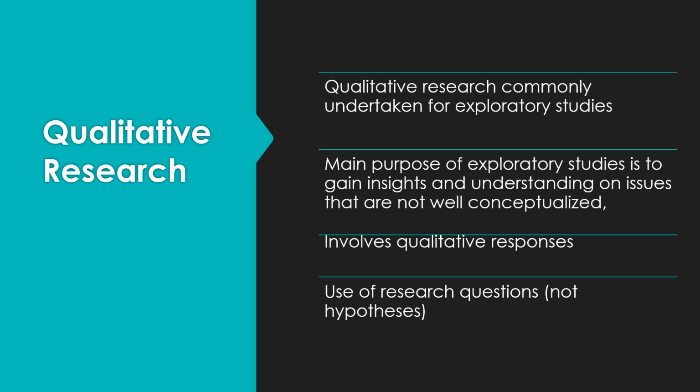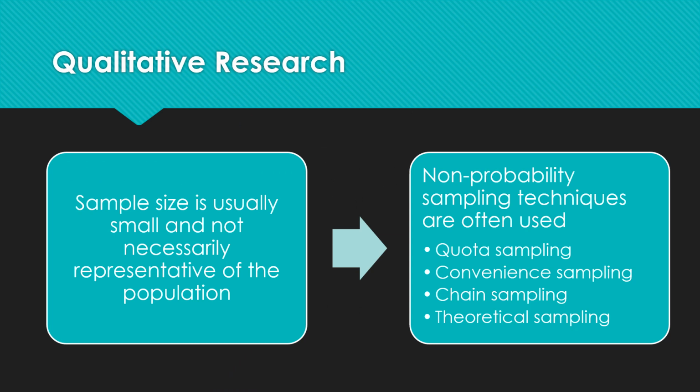And qualitative research is normally used for exploratory studies. The main purpose is to gain insight and understanding on issues that are not well conceptualized. It involves qualitative responses and normally uses research questions, not hypotheses. The sample size of qualitative research is usually small and not necessarily representative of the population.